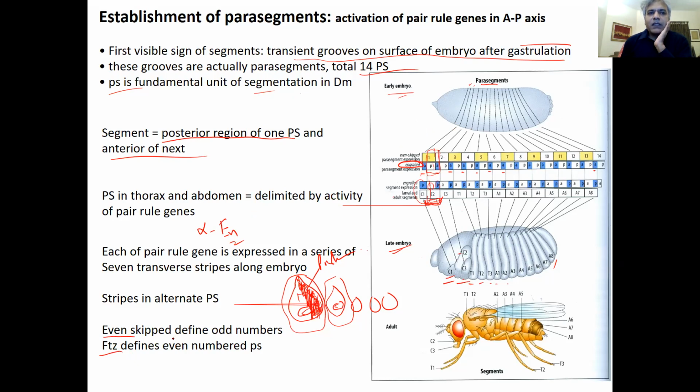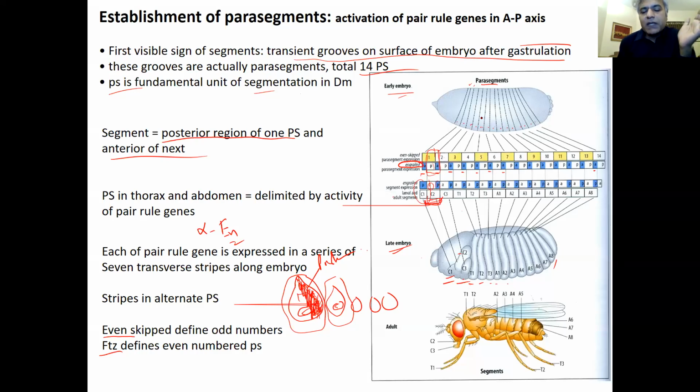Even skipped defines the odd numbers. So this is 1, 2, 3, 4, 5, 6, 7, 8, 9, 10, 11, 12, 13, 14. Even skipped is going to be expressed in odd stripes, 1, 3, 5, 7, and so on.